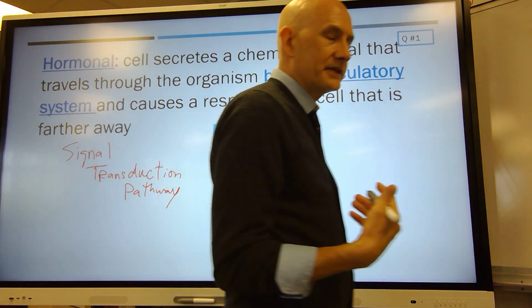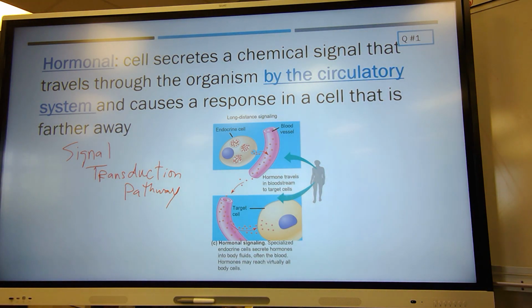And again, we'll be talking about this, but that's where the hormone binds, that's the reception. Then it causes some kind of interior cellular change, which is the transduction pathway. And then that transduction pathway is going to initiate a cell response to that hormone or to that signal.